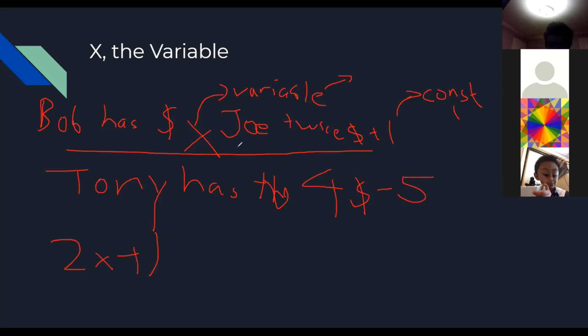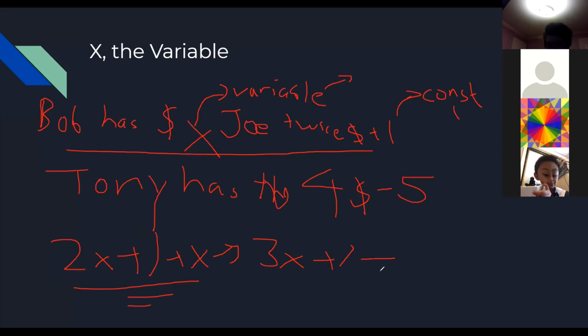And then Bob's and Joe's money would be plus x again, which would simplify down to 3x plus 1. This, by the way, is an expression. It's a combination of either constants or variables in order to produce some sort of value.